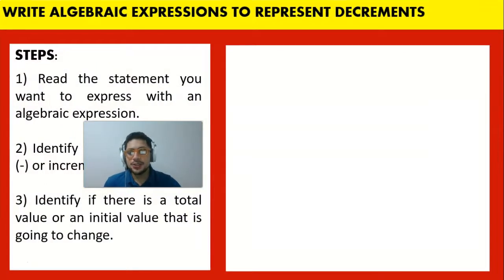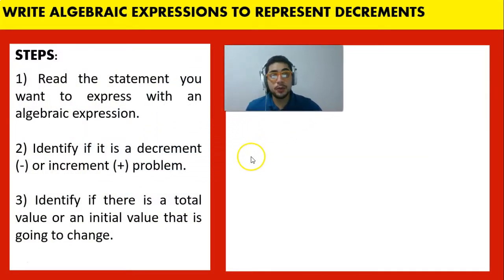So guys, as you know from the last video that I'm going to be linking down below, there are three basic steps that you have to follow in order to write the algebraic expression in order to represent a situation where an amount is being decreased. The first one is that you're going to read the statement you want to express with an algebraic equation, and you have to be very careful that you identify if the amount is decreasing or increasing.